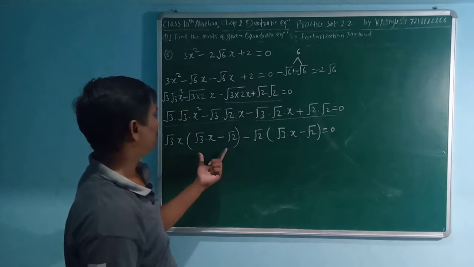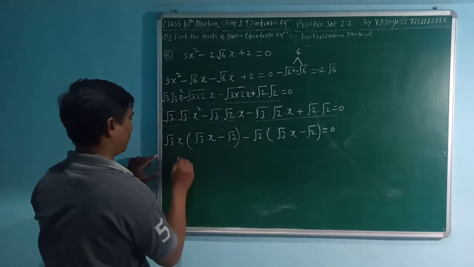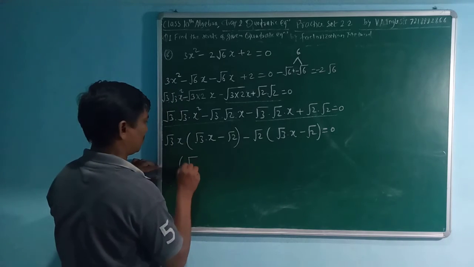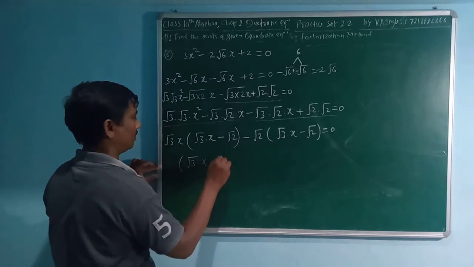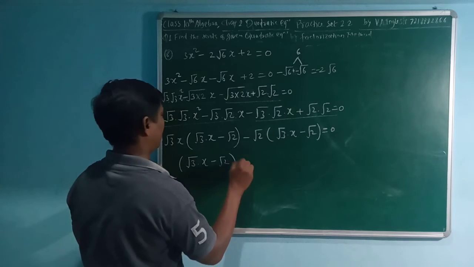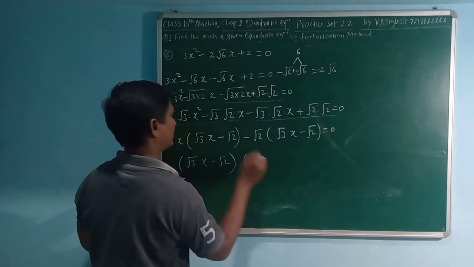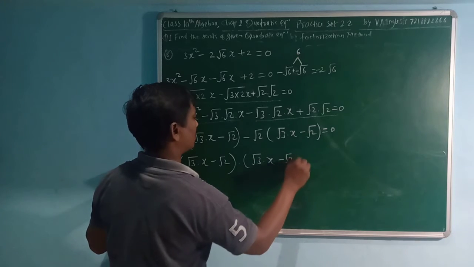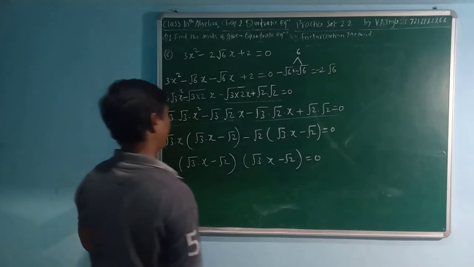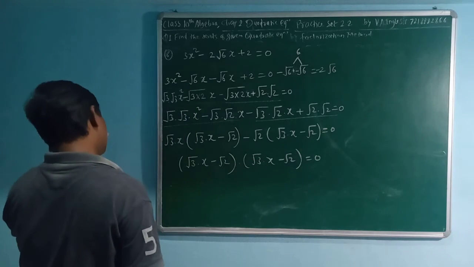Now if you see both the brackets are similar, so we'll write them once because we are taking them as common, and then remaining terms root 3 into x minus root 2 equals to 0.